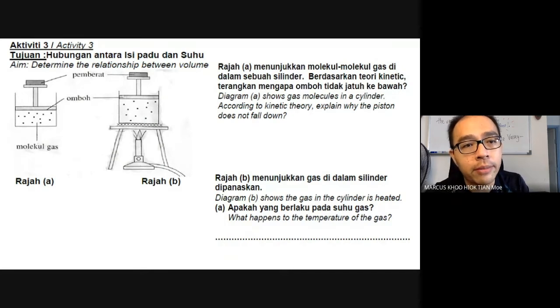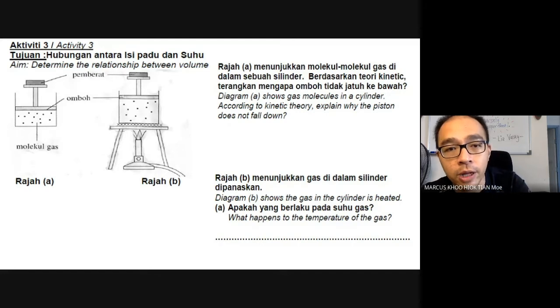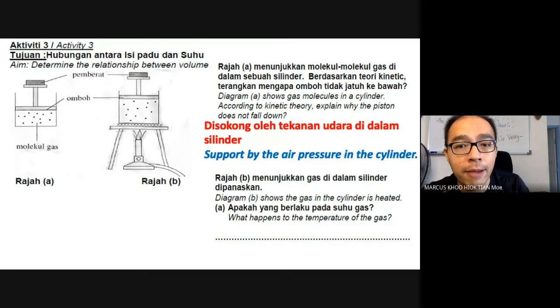Diagram A shows gas molecules in a cylinder. Now, according to kinetic theory, why does the piston not fall down? The piston doesn't fall down because it is supported by the air pressure in the cylinder. If there was no gas here, although there's a weight here, the piston would actually fall down because of gravity.